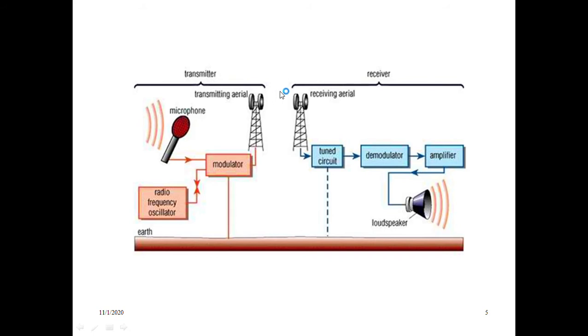Then when it is received at the receiving area or antenna, the signal is called a modulated signal. When we have a modulated signal, we need to demodulate it back in order for us to hear the sound. Since the signal will be attenuated, we also have an amplifier to increase the amplitude.